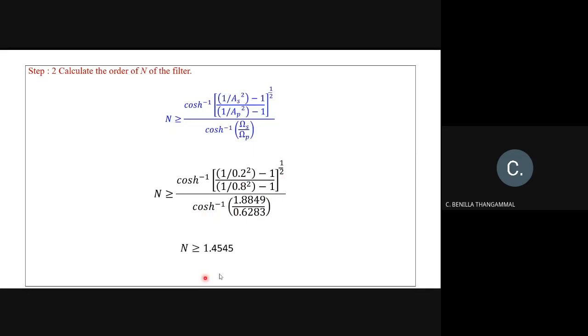If we press equal to, you'll get the value 1.4545. So your n value will be the next largest integer, that is n equal to 2.